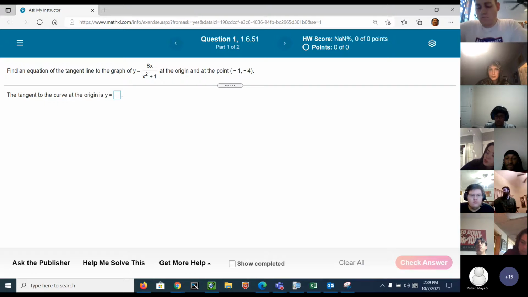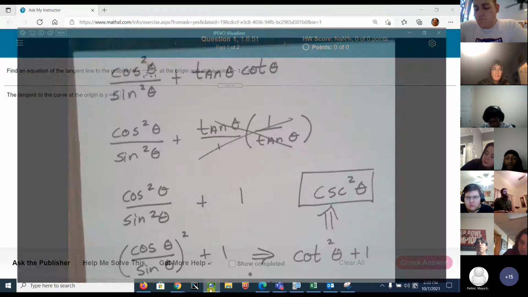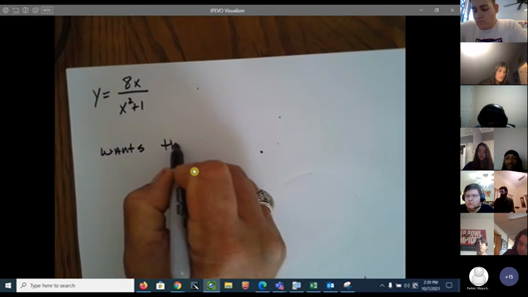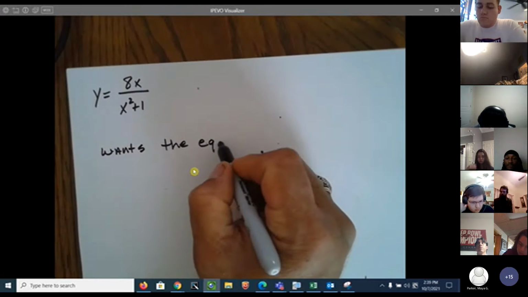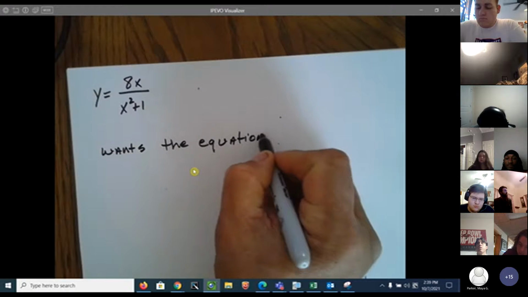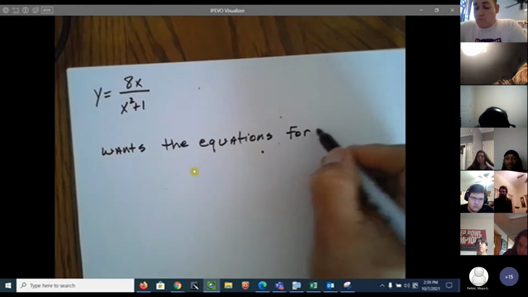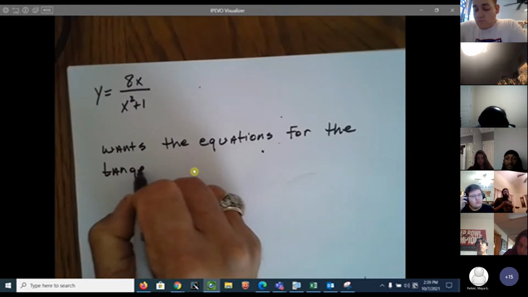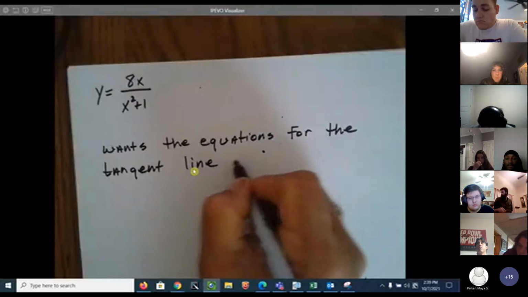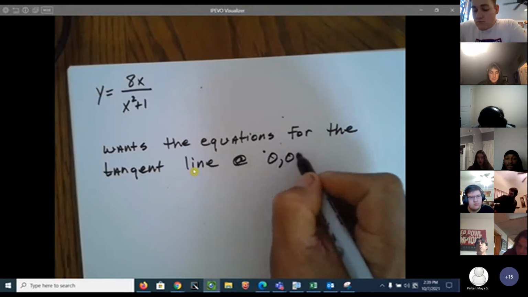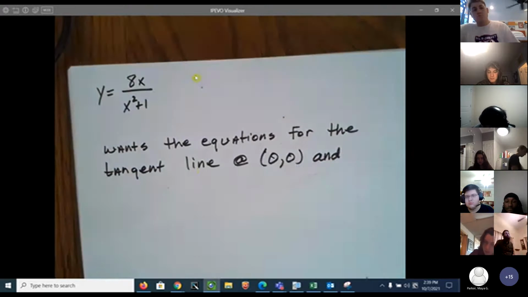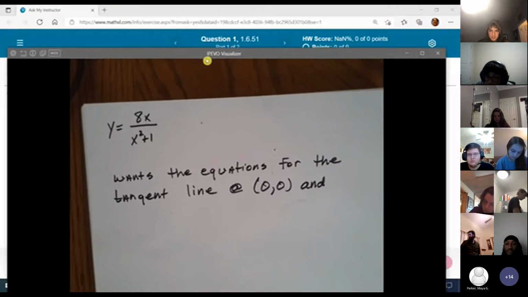All right, and I'll put right here, this question wants the equations for the tangent line at (0, 0) and (-1, -4).